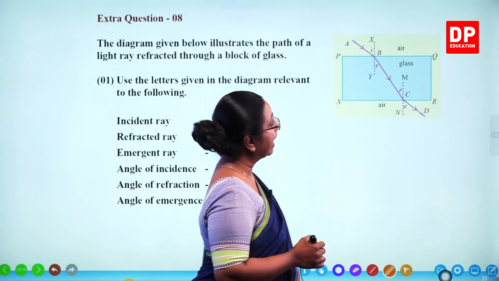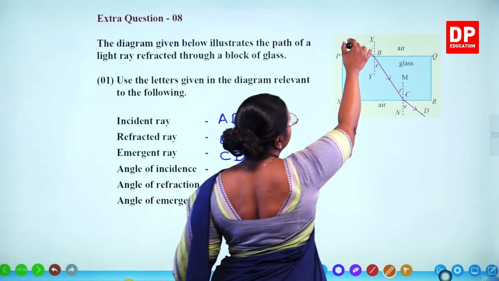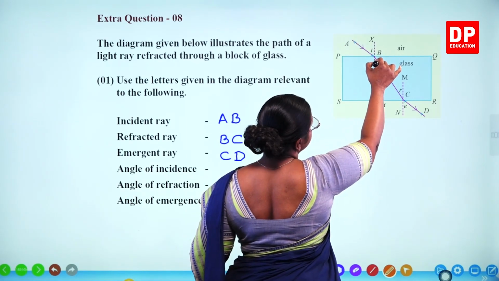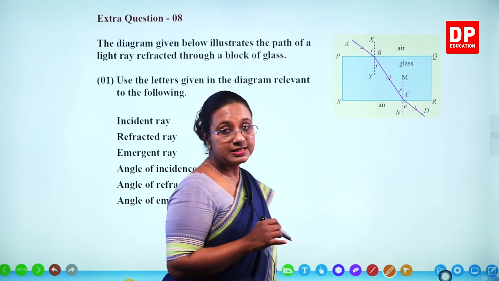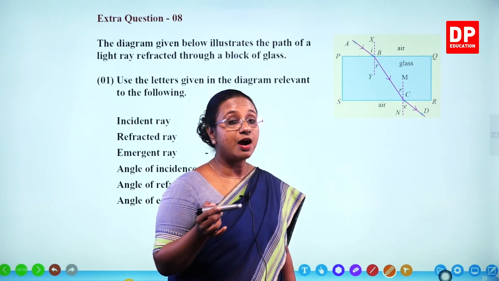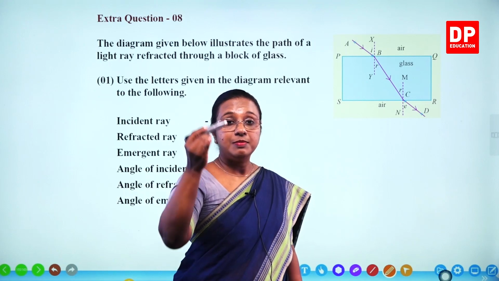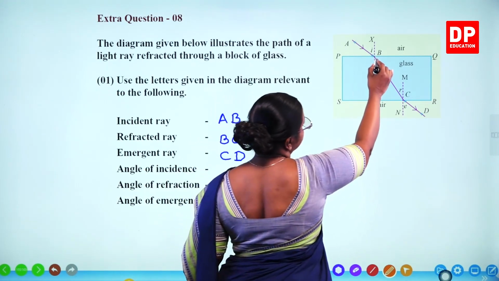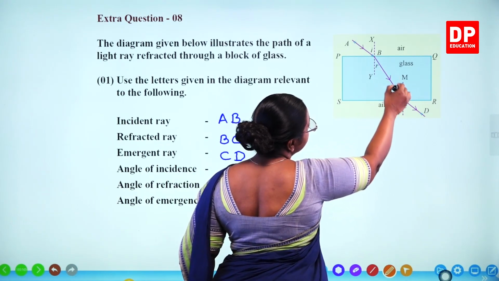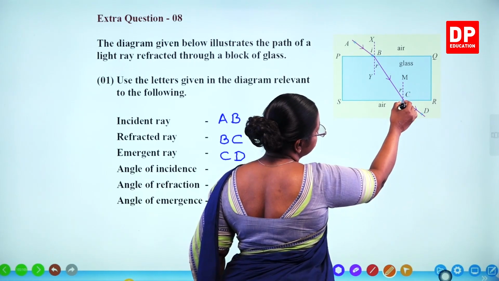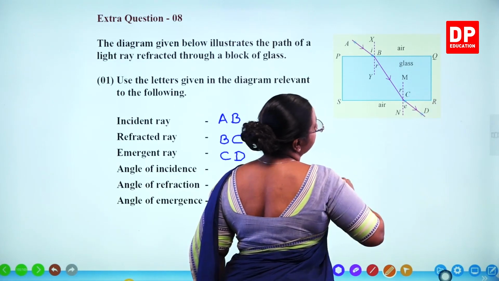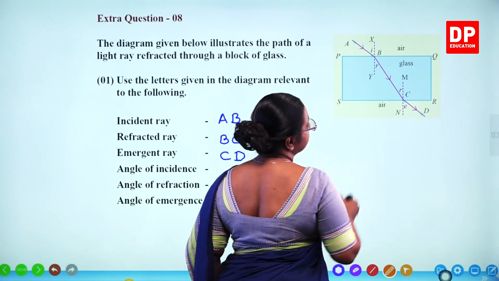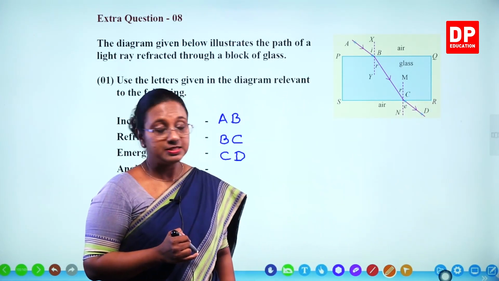And if you look at it, you can see AB is incident at this point and XY is the normal there. I is the angle of incidence. And how does it refract? It bends towards the normal. Here R is smaller. Then again it's incident here at this point. MN is the normal. It bends away from the normal. And this is the angle of emergence.